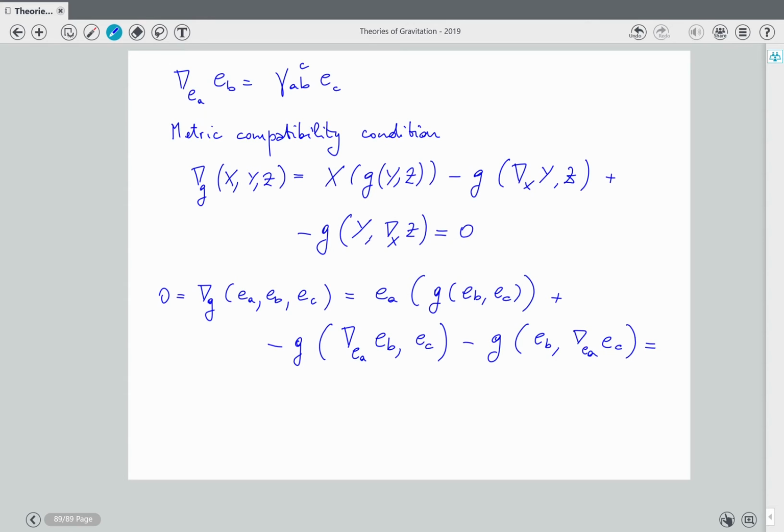Well, we know that by construction, when the metric acts on the two vectors E_B, E_C, that's the flat space metric. So that is a constant. The vector field is a derivation. The derivation of a constant is 0. So this goes away.